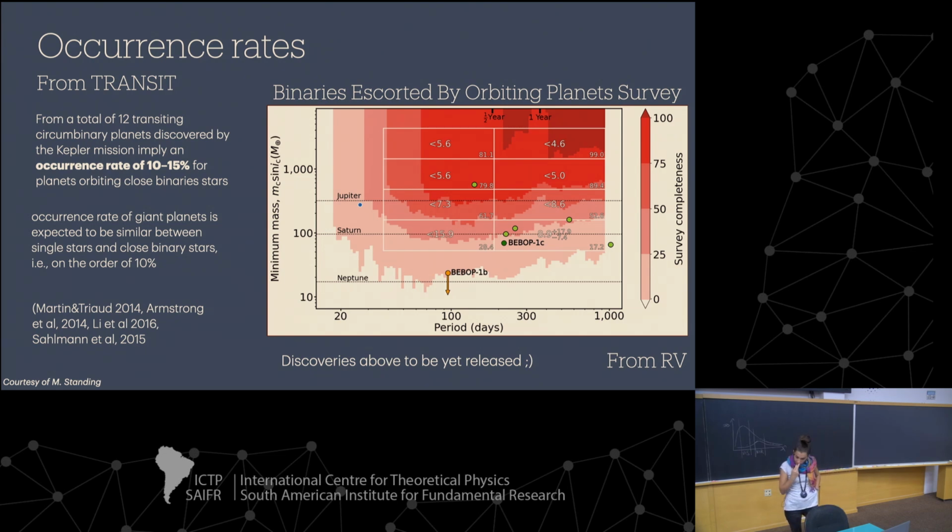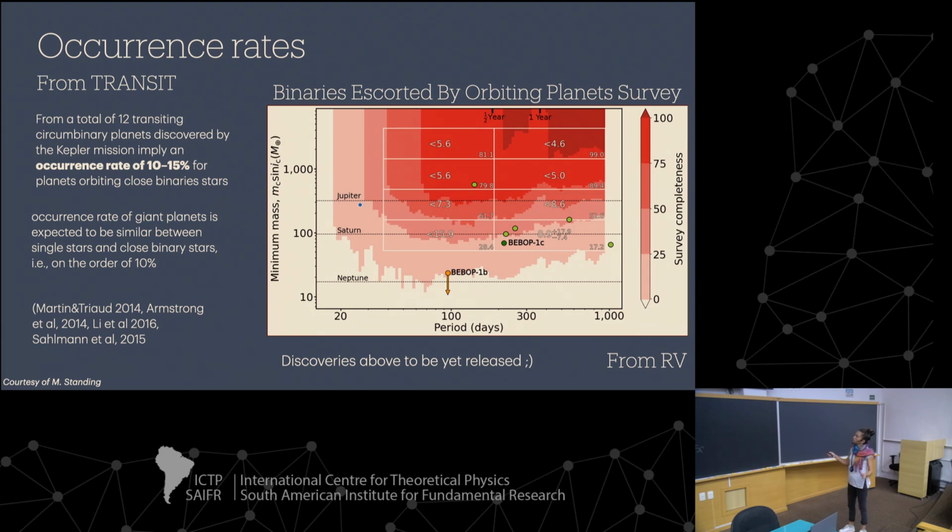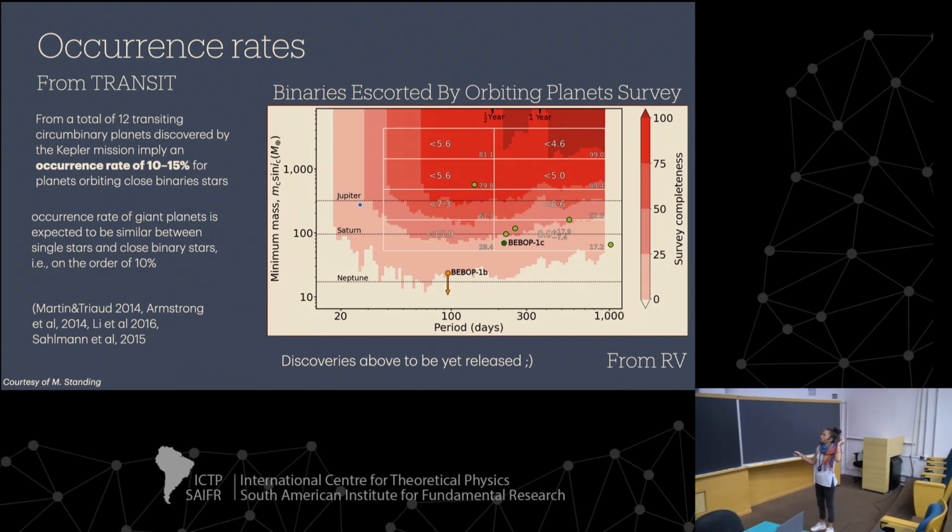They have been observing for, I think, at least the last 4 or 5 years. They just released BEBOP 1c, which was one of the detections, together in the same system with BEBOP 1b. And here, these are all the new detections that are still not released. They will come out in the upcoming months.